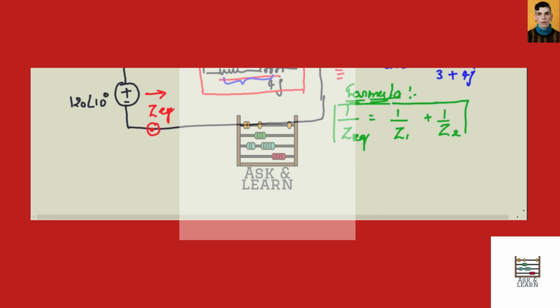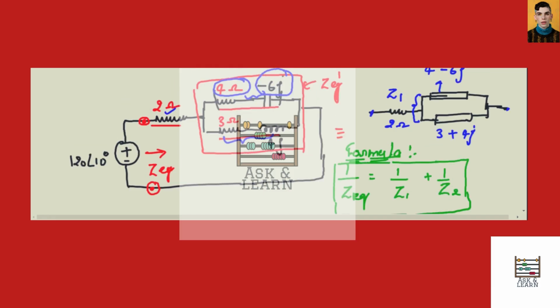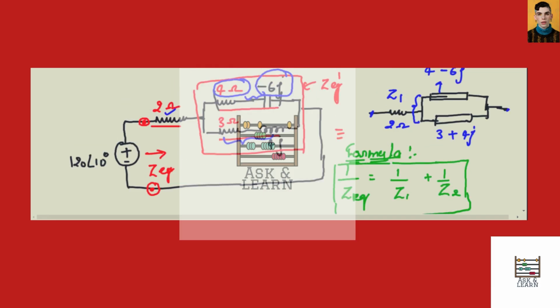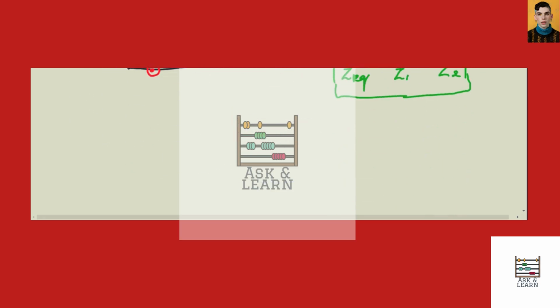So now I am calculating the value of Z1. This is our one element, and this is our another element. Just put the values in the formula.